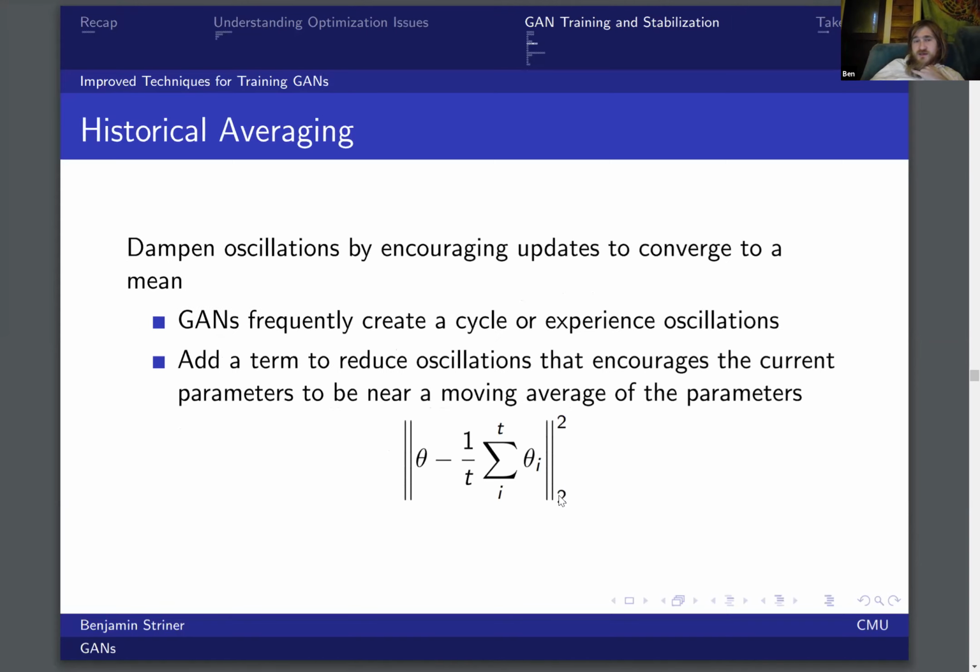Another interesting idea is just historical averaging. It's kind of a big word for a simple idea, but basically trying to directly minimize oscillations. Oscillations are when something moves and moves a lot. So we can do historical averaging, which is just a regularization term, which is the difference between your parameters and what they were.